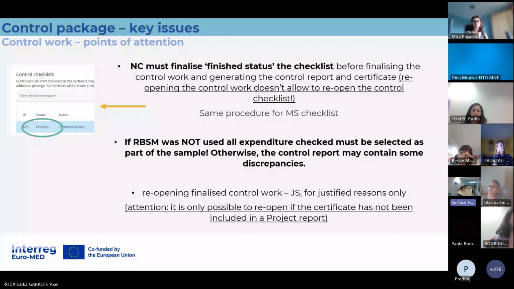But in most of the countries we don't use this sampling method, so the controllers check 100% of the expenditure reported. Then the controller should tick every checked expenditure as part of the sample. Otherwise, the control report may contain some discrepancies.